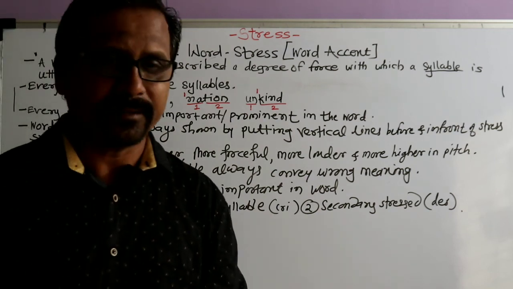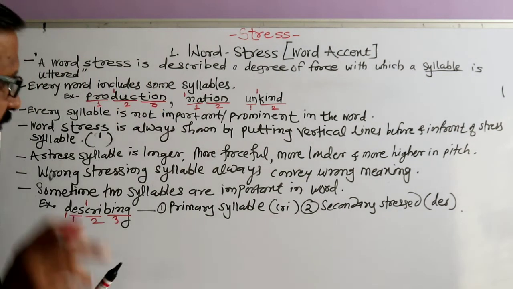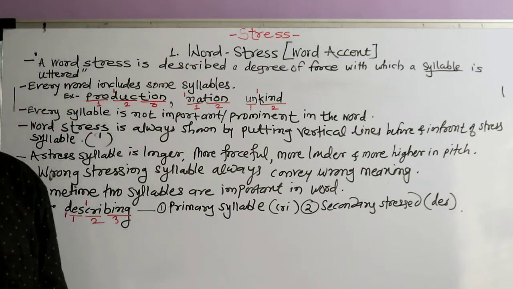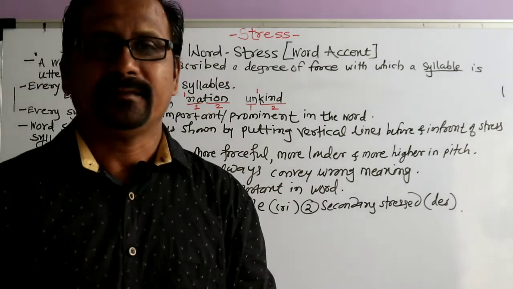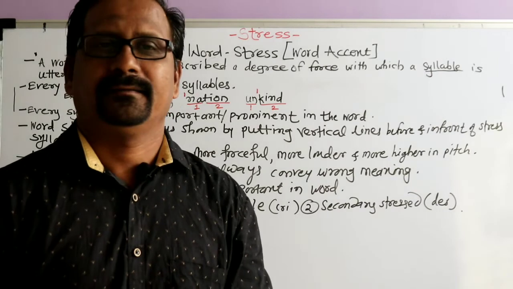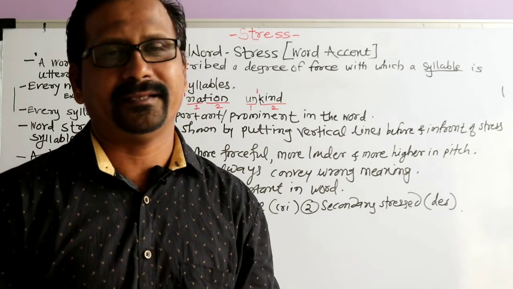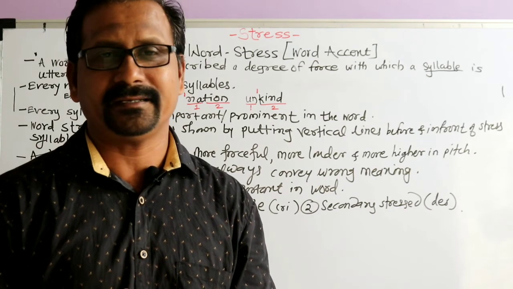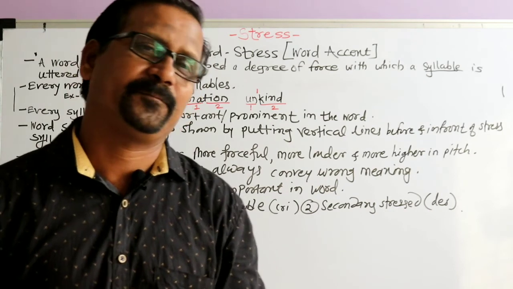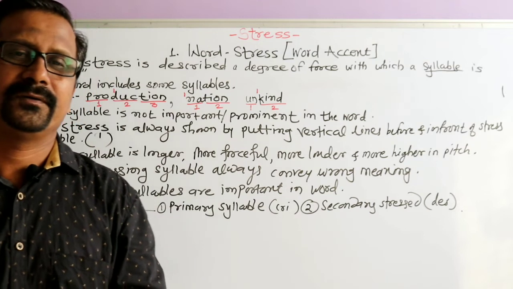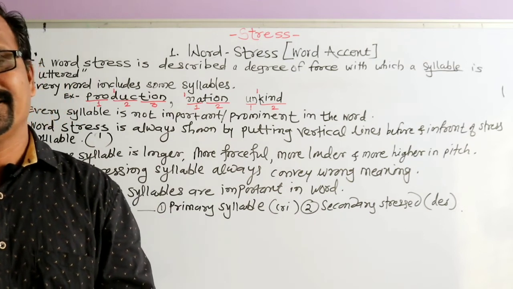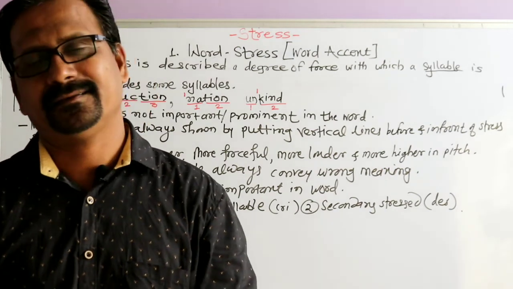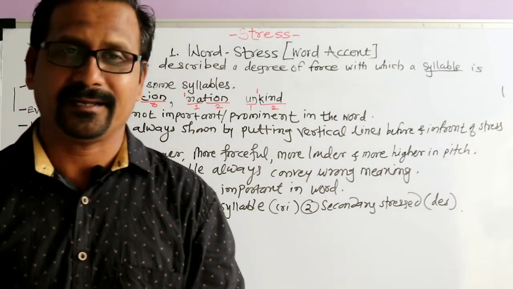Okay, now we have some types of syllables here. Friends, you might know that I have already made a video on word trace, but unfortunately, due to my mistake, there was one error in that video, which was pointed out by my friend Mr. Varekar sir. He is from Karad, Satara.